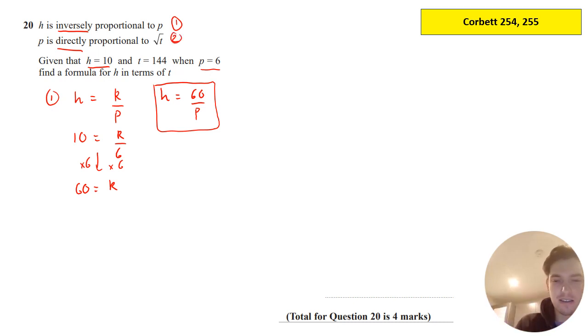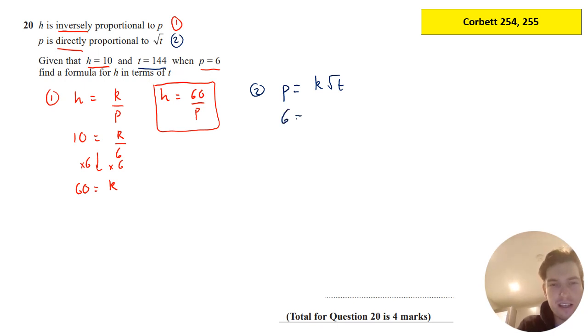P is directly proportional to root T. So that's step 2. What equation can I write? So P is equal to K root T. Let's hold my values. So T is equal to 144, P is equal to 6.